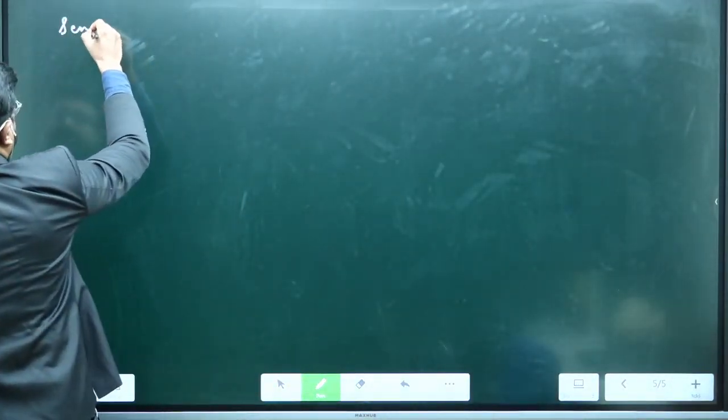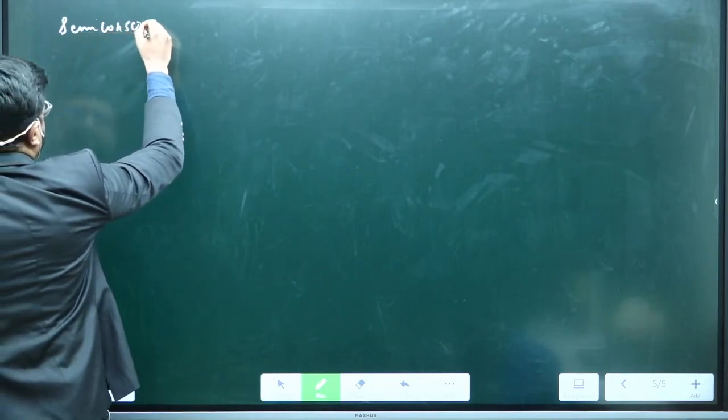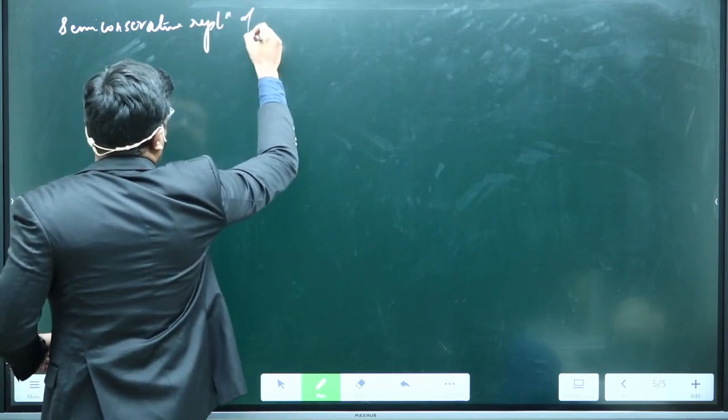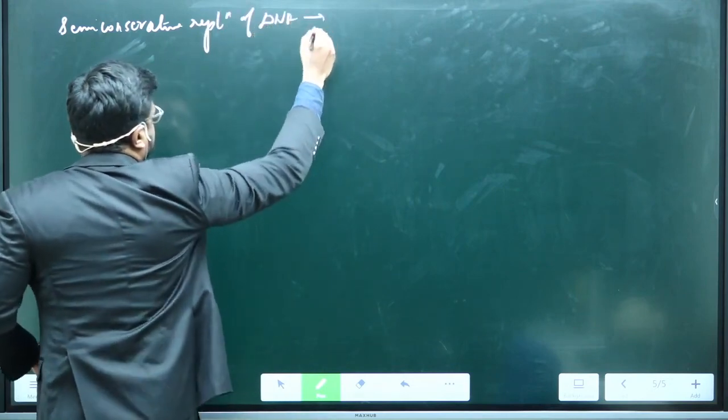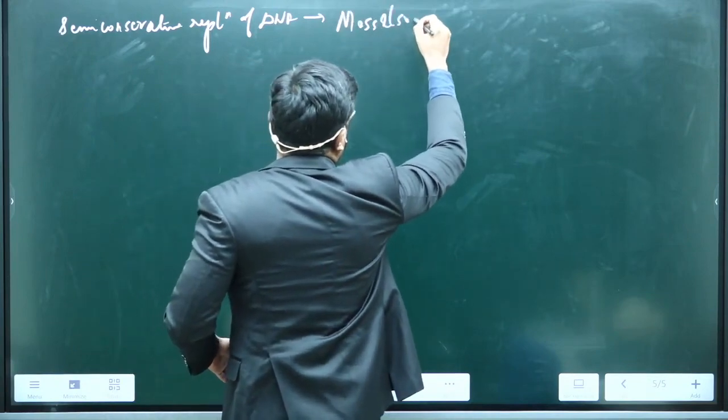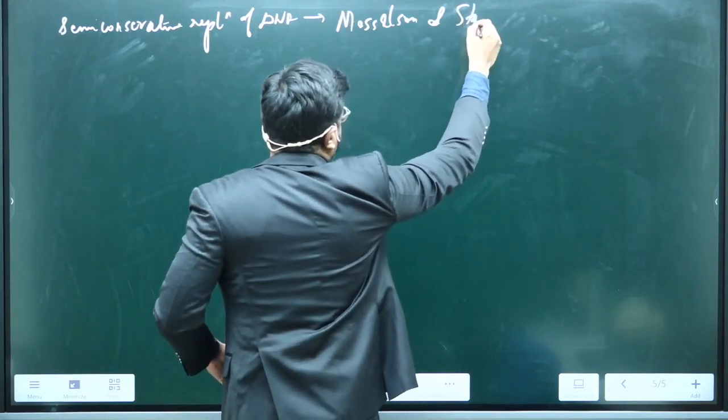Semi-conservative replication of DNA was proved with the help of the Meselson and Stahl experiment.